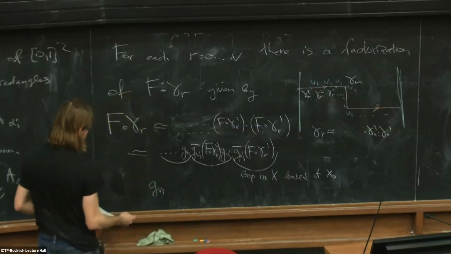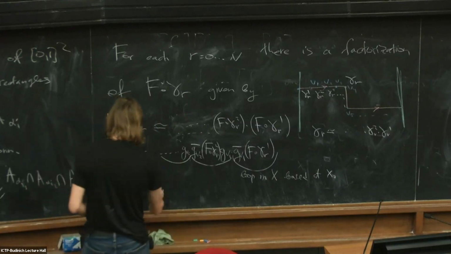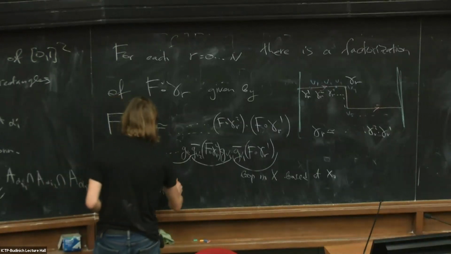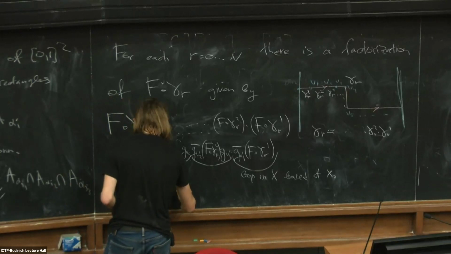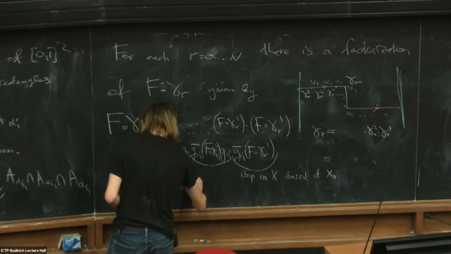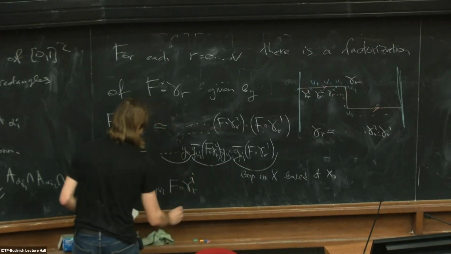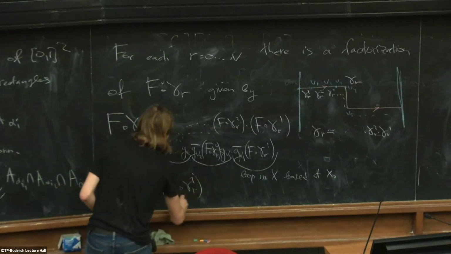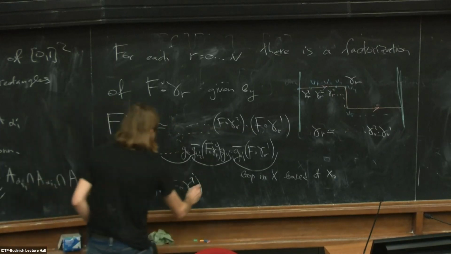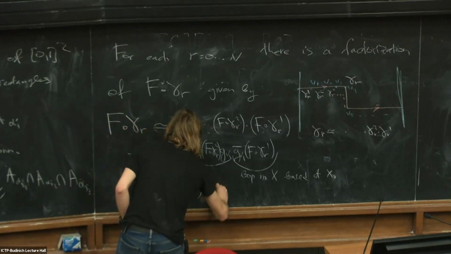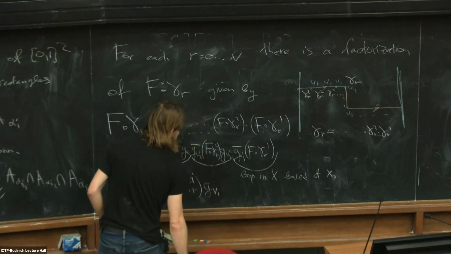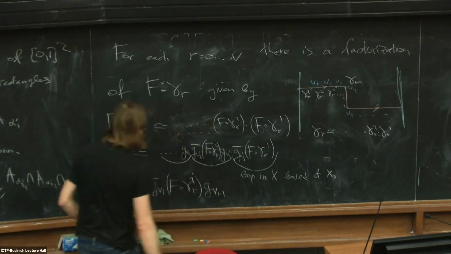Generically, we have an element of the form GVI bar times F of gamma R I times GV I minus 1.